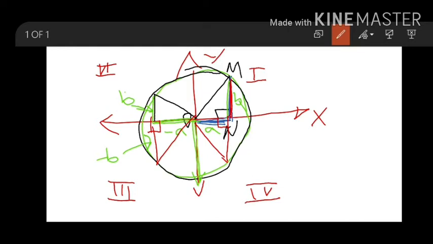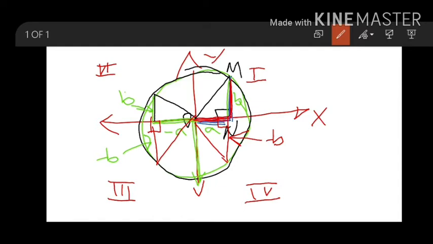And this side will become, we are taking the measurement which is along a negative y-axis, that's why this becomes minus B, and the base will become the same as A.